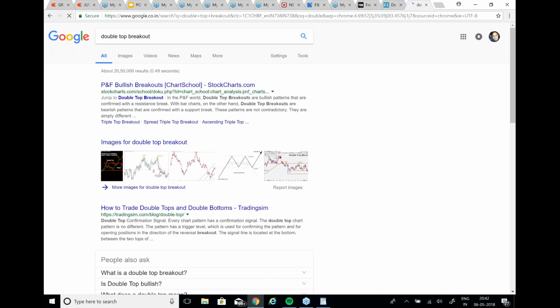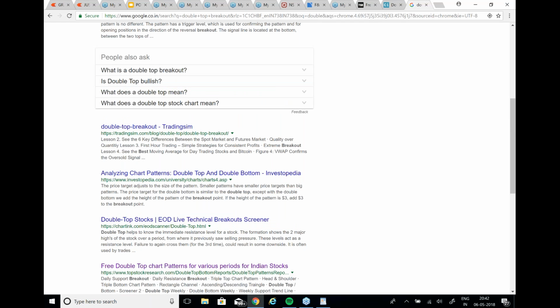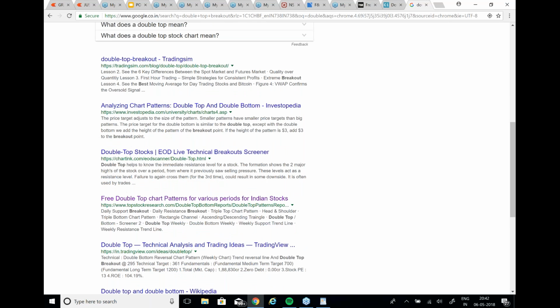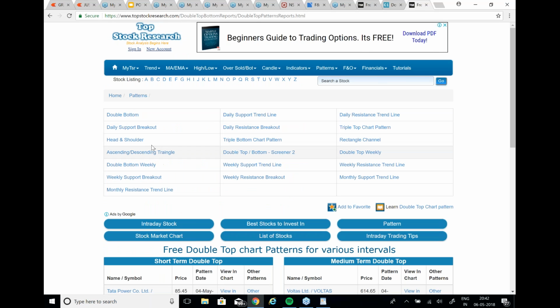Top Stock Research is where you will get the double bottom, double top, right? Double bottom, triple bottom, double top, triple top, all of them you get here.